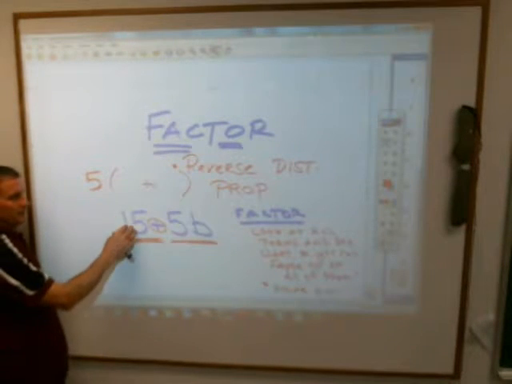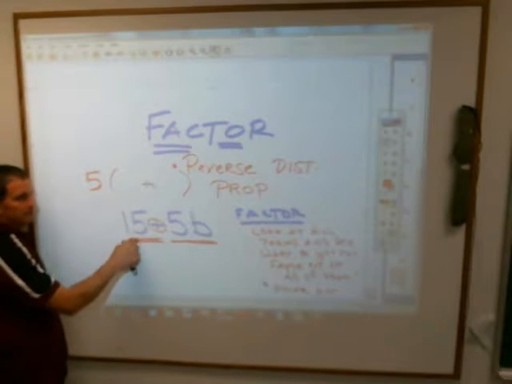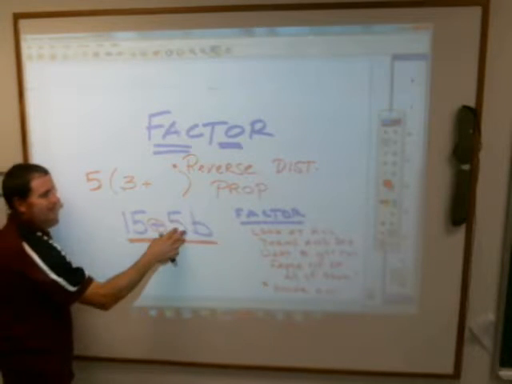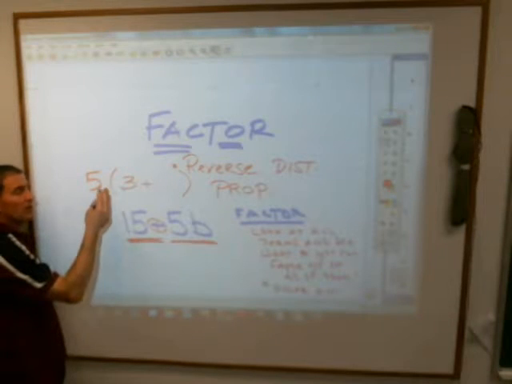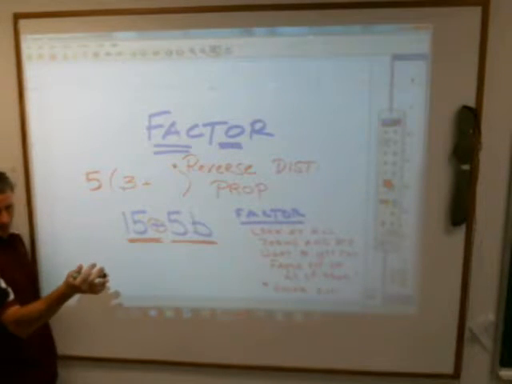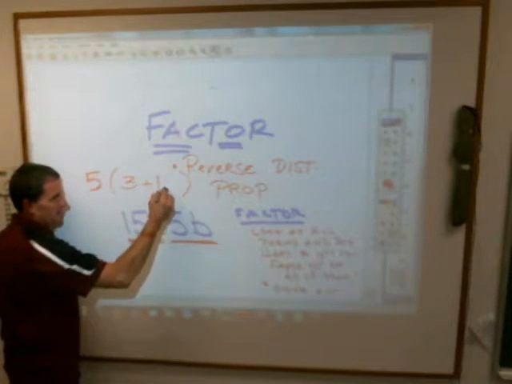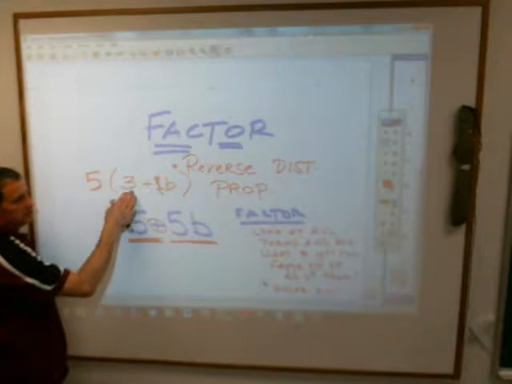If I take 15 and divide it by 5, I'm left with a what? If I take 5b divided by 5, I'm left with a 1b, but we don't write ones in front of letters. It's just a b. You could if you really want to, but in the end that's just goofy. 1b is the same as b, and this is your answer.